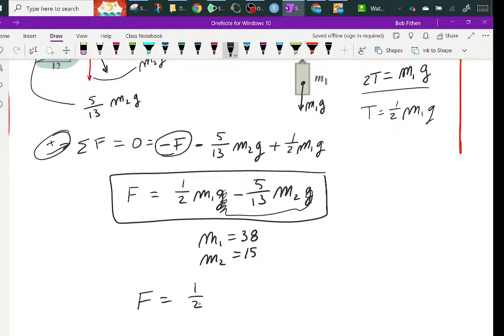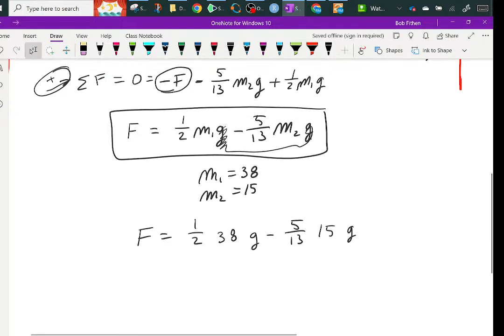So M1, which is 38, G minus 5/13, 15G. Okay, so I don't know anything else to do, but it doesn't matter what G is, so I'm going to take it out. And I'm going to calculate this. It doesn't matter what the value is, it just matters what the sum is.